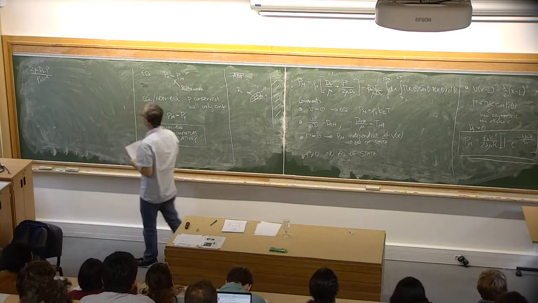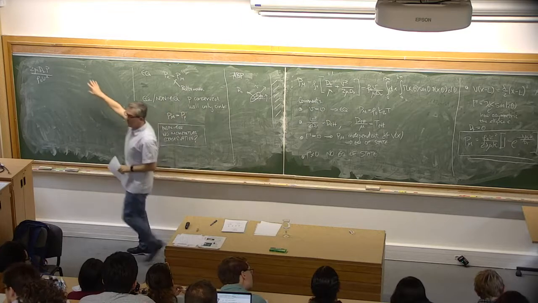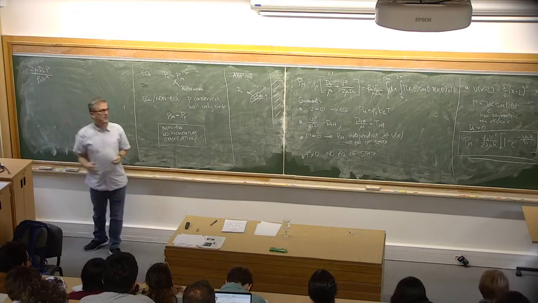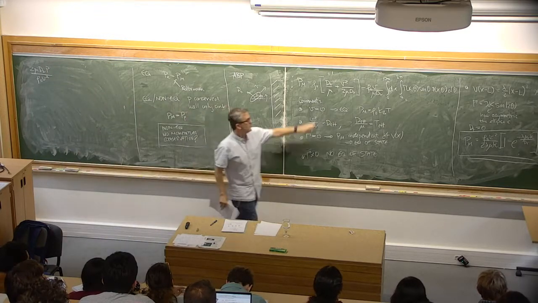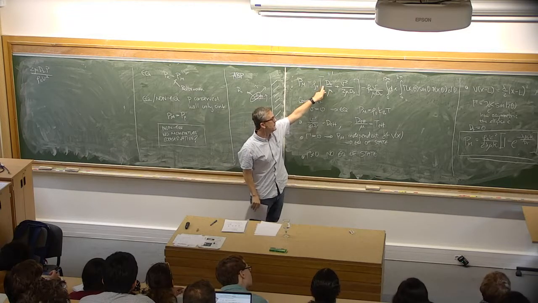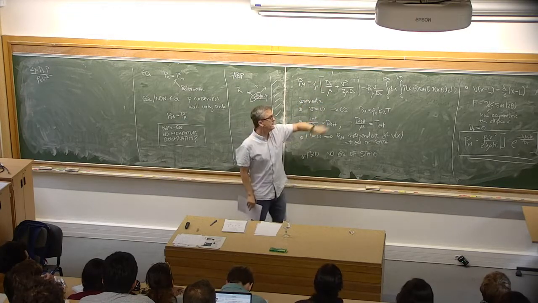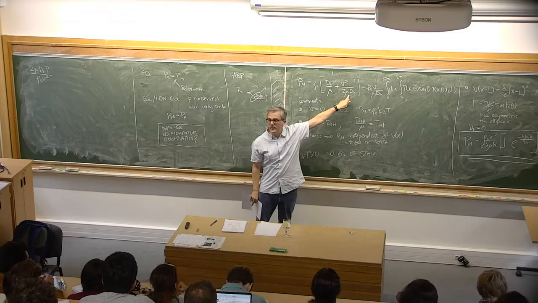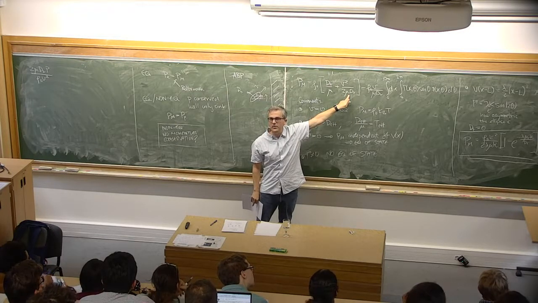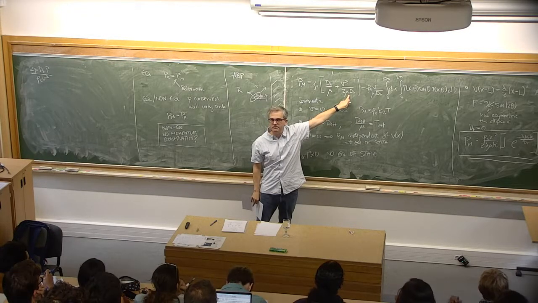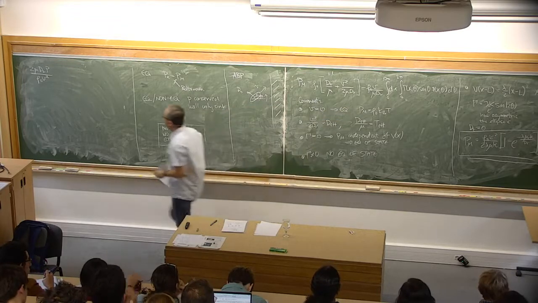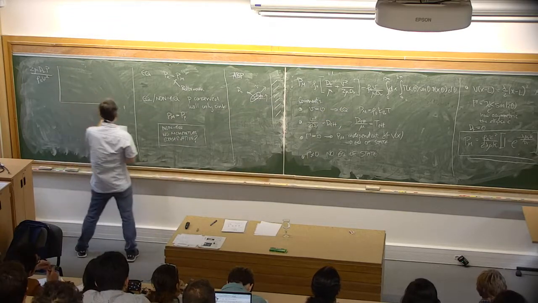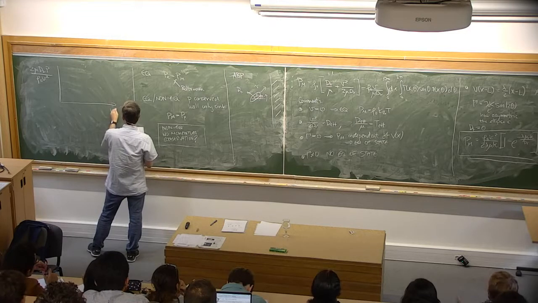So why am I drawing this? This quantity is 1 in the case that I have no torque in the system. Remember this guy is 0. So that quantity is 1 when I'm dealing with circles with no torques. And what I'm going to do is draw this as a function of kappa lambda.